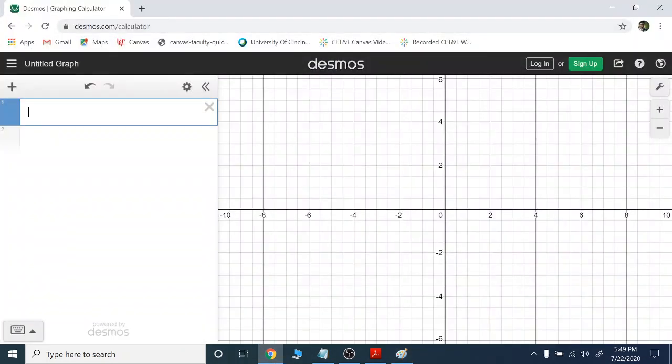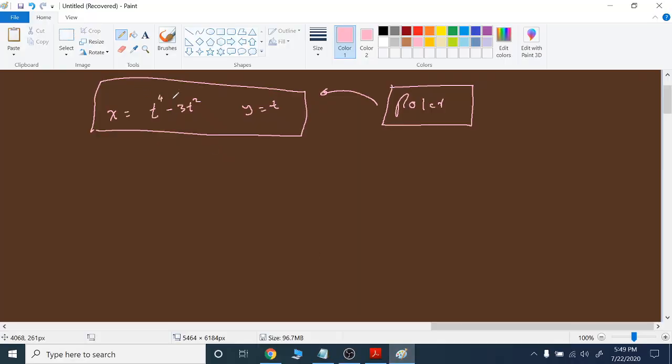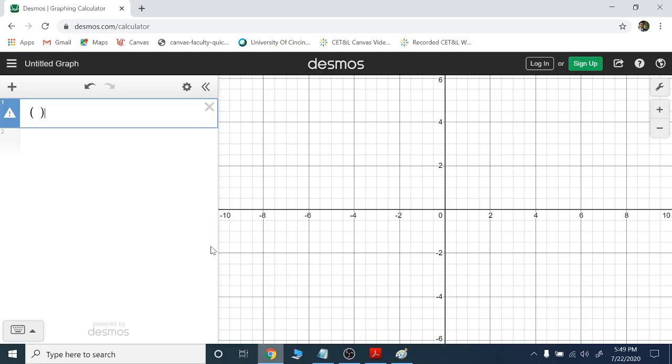Right, now remember we used a special way to feed the parametric information to this website. The way we do is we have a bracket and first write down the x coordinate, the parametric representation of the x coordinate. Here it is t to the power 4 minus 3t squared.